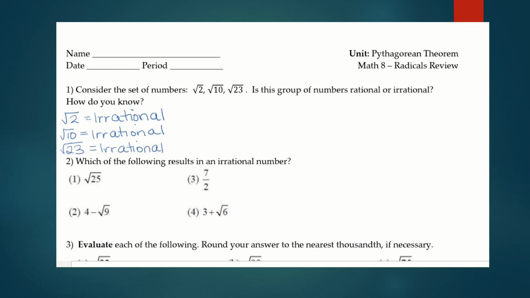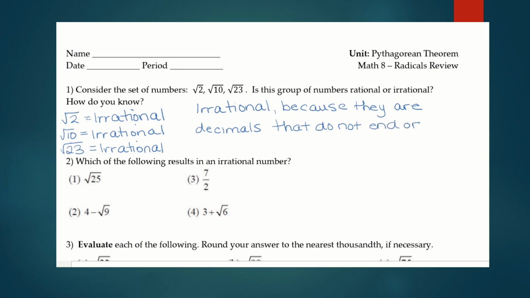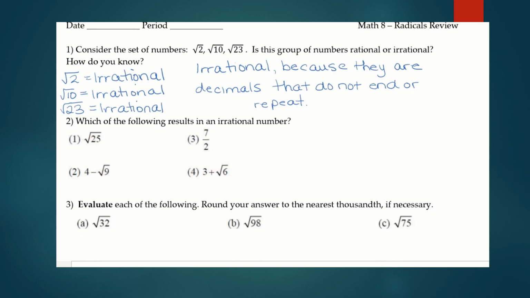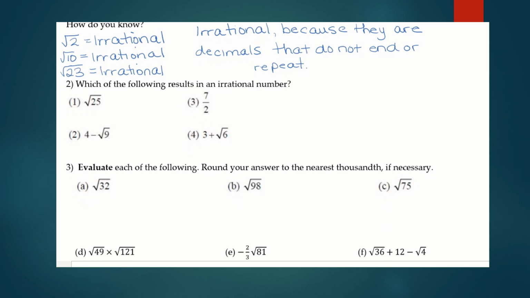So this particular set of numbers is irrational because they are decimals that do not end or repeat. Okay? So keeping in mind irrational numbers, let's take a look at question 2.